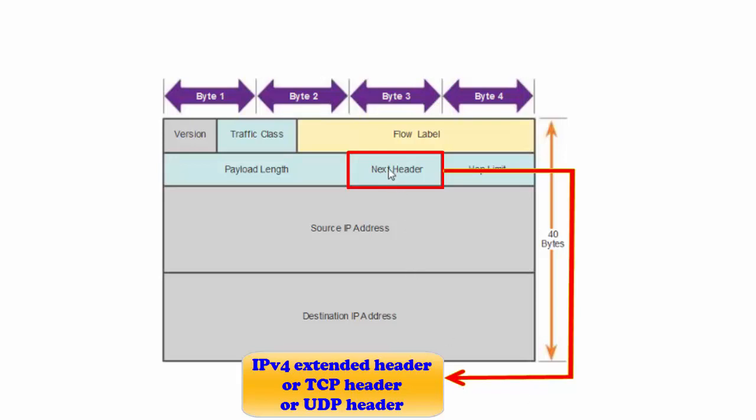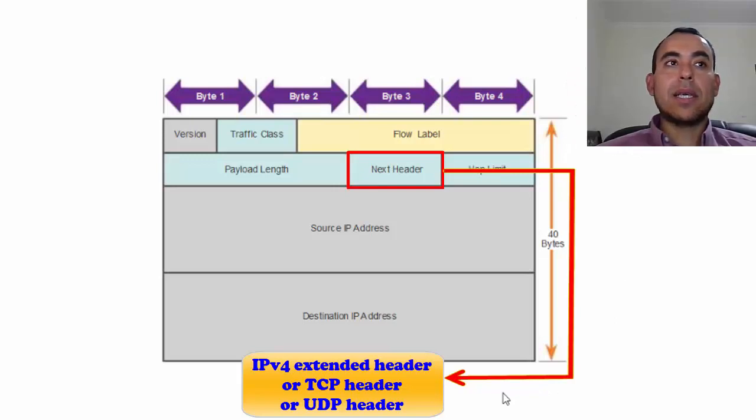So you can really encapsulate any other protocol inside the IP address version 6 protocol. You can encapsulate UDP, TCP, ICMP, and you can encapsulate an IP packet using IP version 4 as well. So this next header always points to the next header in the IP address version 6 packet.